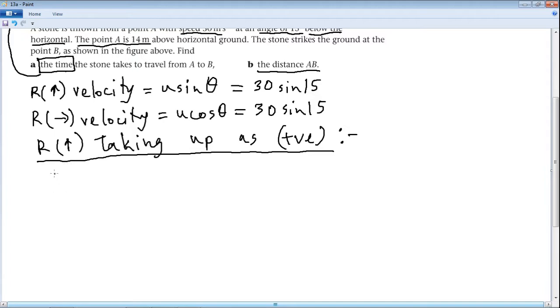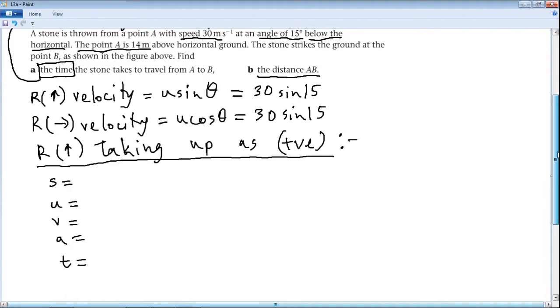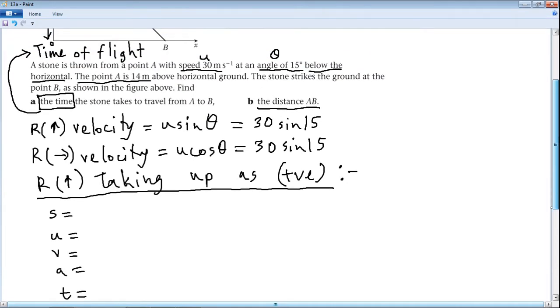So first we need to find the SUVAT values, where S stands for displacement, U stands for initial velocity, V stands for final velocity, A stands for acceleration, T stands for time, as you have done in mechanics in the earlier chapter.